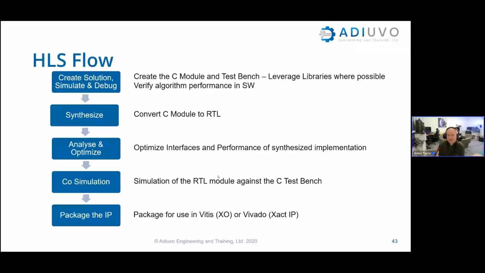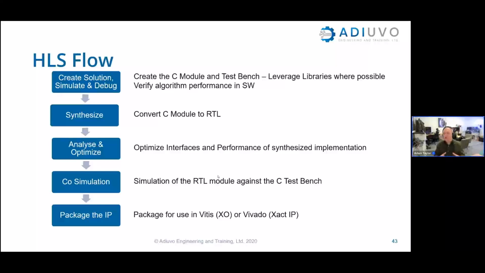Our design flow is essentially we create our C model, we create our C test bench, and then we prove that the performance of that is how we want it. Once we've got that, we can synthesize, we can convert that C into RTL. We can optimize the interfaces for our synthesized implementation.